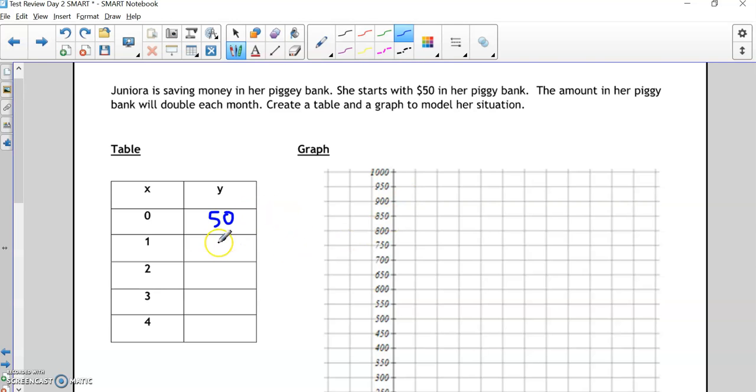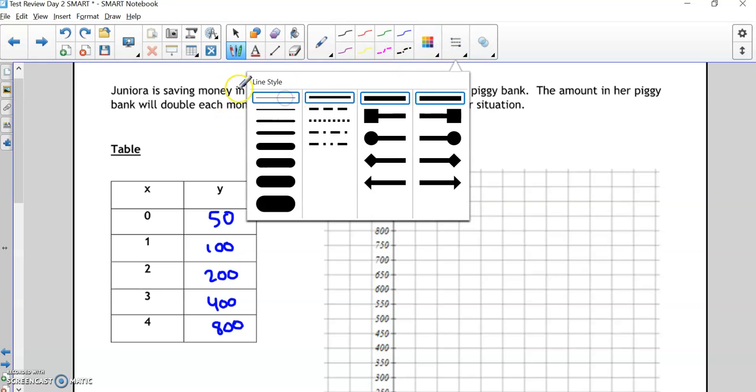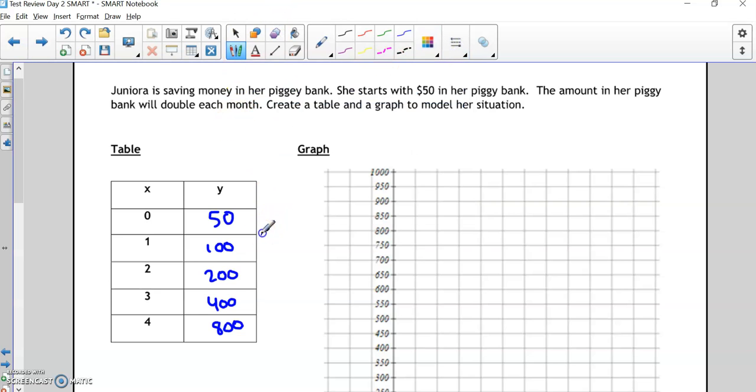So the first month it'll be 100, then it'll be 200, then it'll be 400, then it'll be 800, right? And again, all we did was double, and to double means times 2, right? So times 2, times 2, times 2, times 2. Every time she just multiplied the amount by 2.